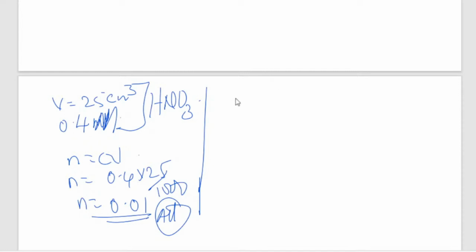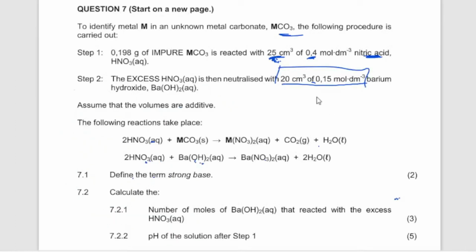Now let's find out what is in excess. Nitric acid excess, we calculated it already, isn't it? By finding it here. Yes, we calculated it already.